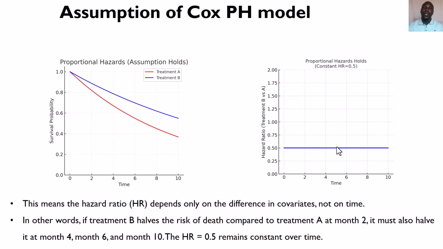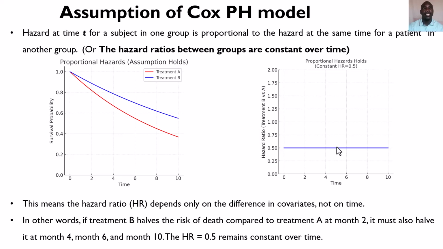So the proportional hazards assumption states that the hazard at time t for a subject in one group is proportional to the hazard at the same time for a patient in another group. In terms of the hazard ratio, the hazard ratios between groups are constant over time, as shown in the graph on the right.